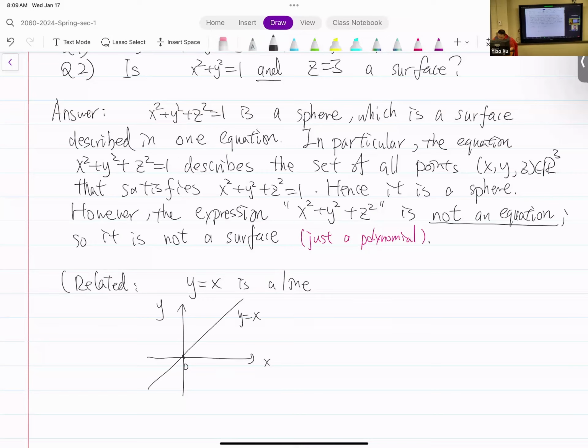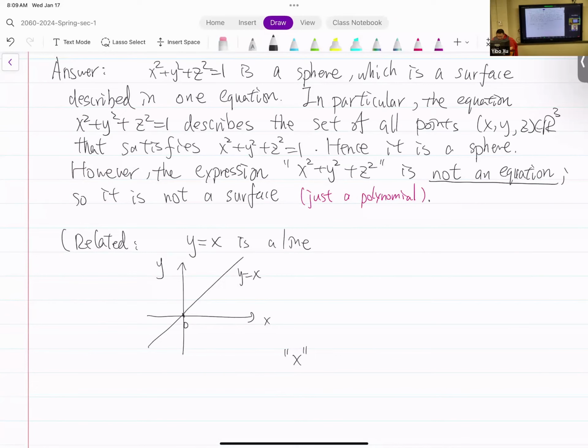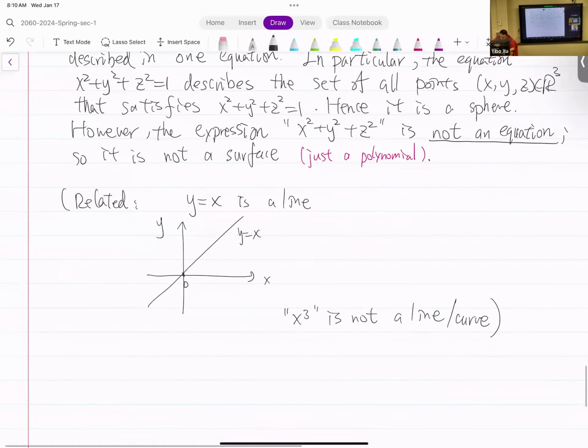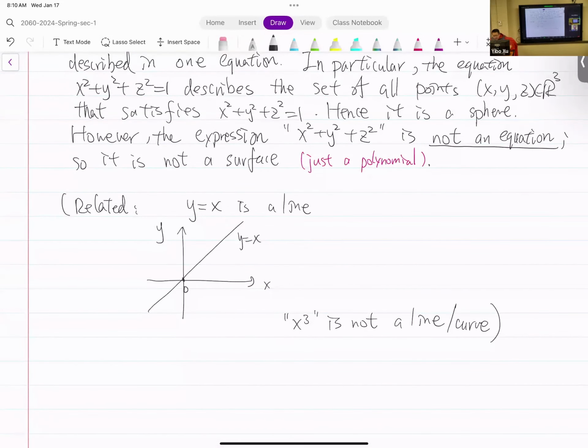But then if you only put x or something like x cubed or x squared plus 1, it's not a line or a curve. You somehow need to give an equation to define this relationship in 2D. So that's the point. Right, so that answers my question 1.